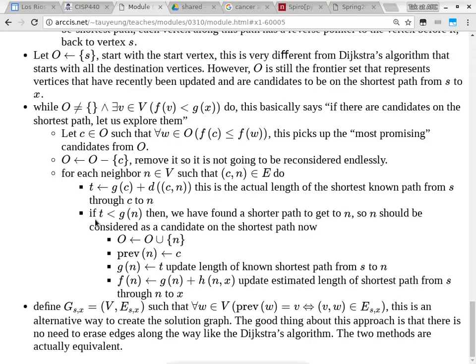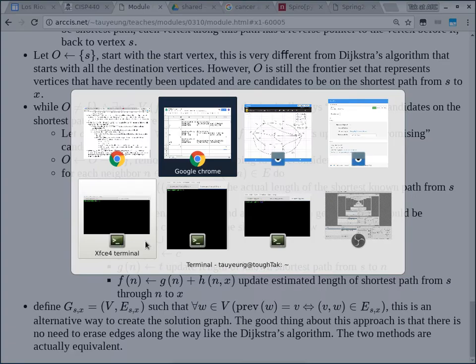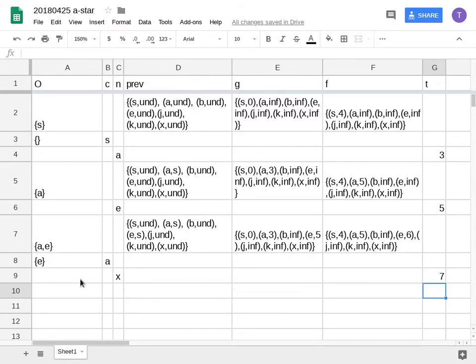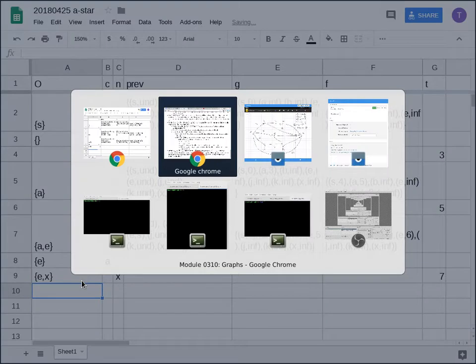So we go through the same usual stuff that we have to do here. The first thing is we have to add vertex X to the set big O. So let's do that. As a result, this is now getting updated. E and X are now in big O. That's the first thing we do.